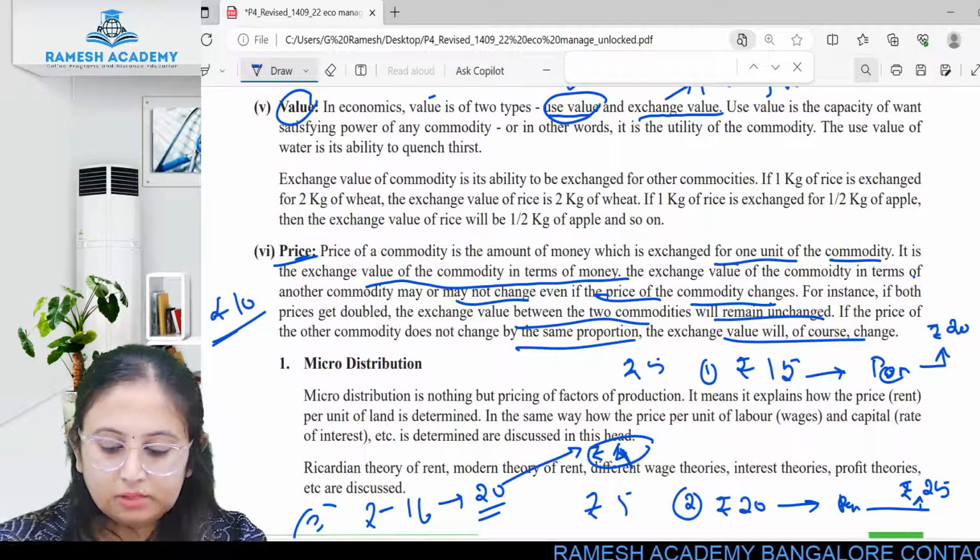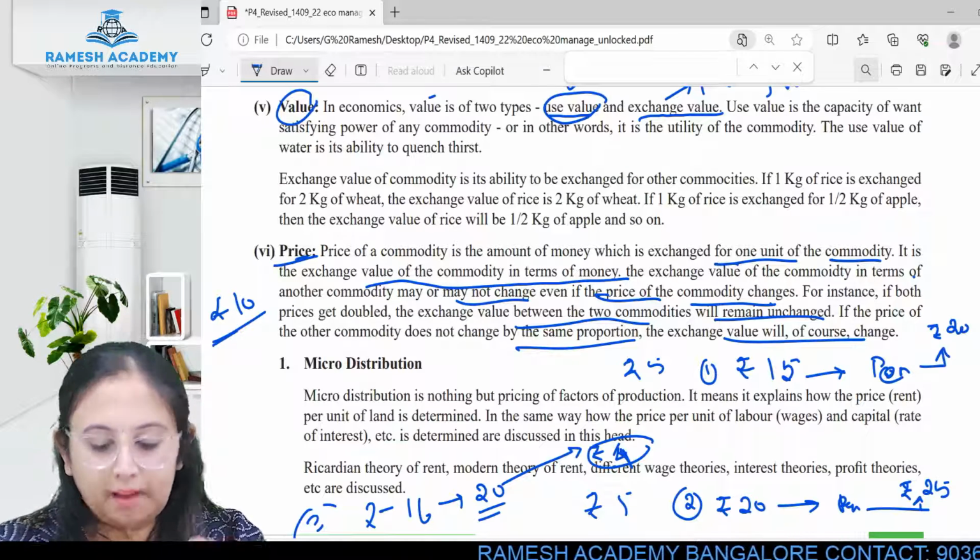Okay. So next we will understand something about micro and macro distribution.